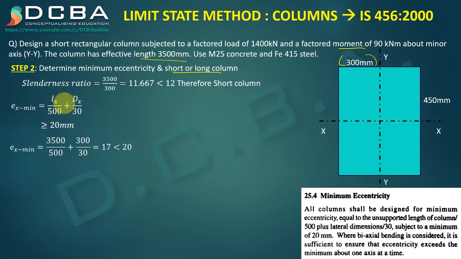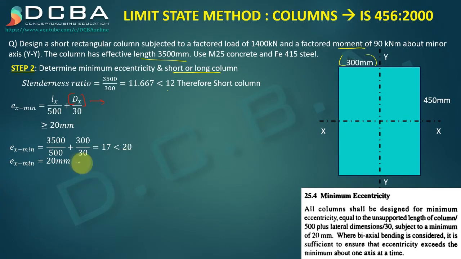Dx is the dimension in the direction of x-axis. This is xx. So along xx, 300 mm is the dimension, correct? So 300 by 30, which is equal to 17. Now this 17 is less than 20, so minimum eccentricity about x-axis I should take as 20 mm.